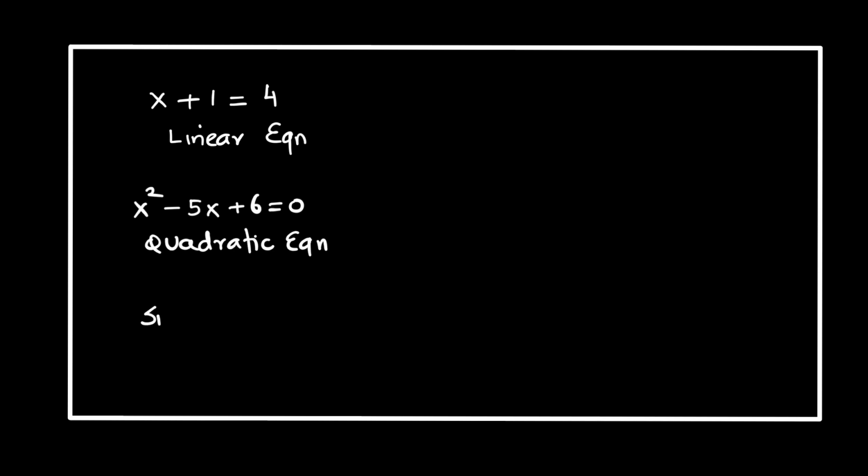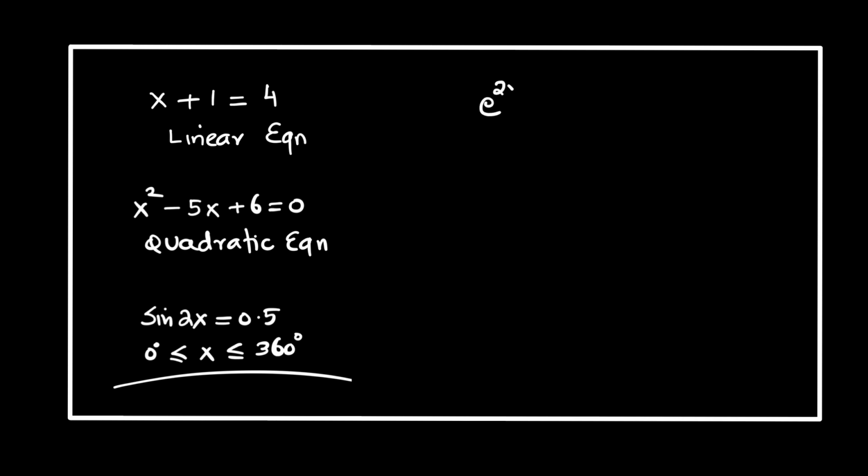For that matter, if we have sin 2x equals 0.5 and x lies between 0 and 360 degrees, this is a trig equation. We can also solve this. If we have something like e to the power of 2x plus e to the power of x equals 0, we can solve this exponential equation also.